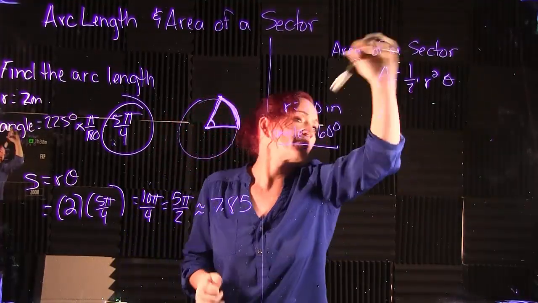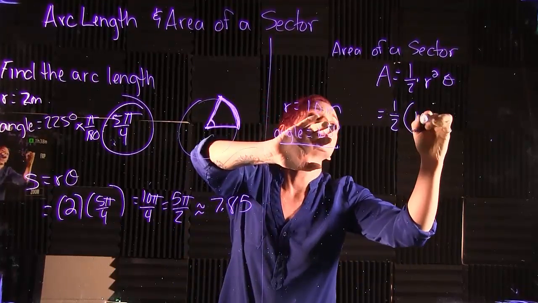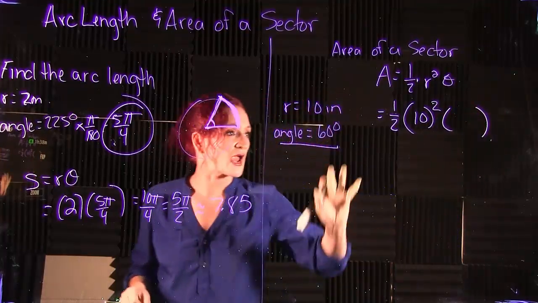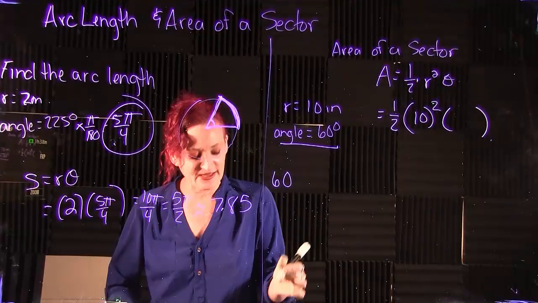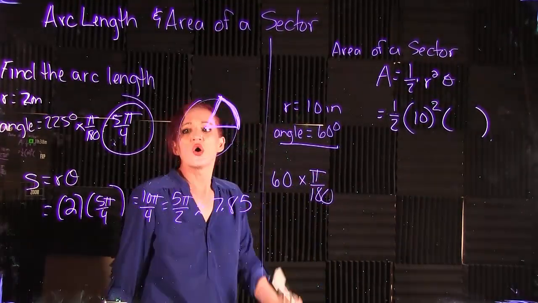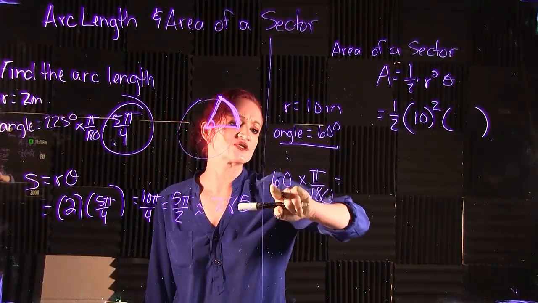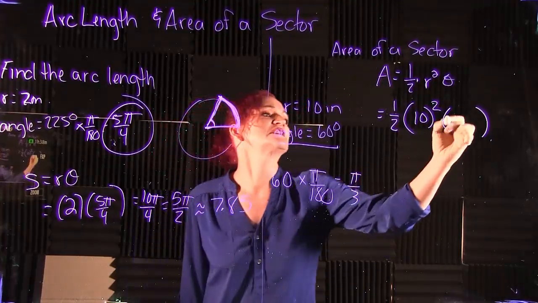So when we plug into this formula, we will do 1/2 times our radius, which is 10, and we are going to square that. We just need to throw in our angle in radian mode. So we're going to take that 60 and multiply it by pi over 180. When we multiply that by pi over 180, we are left with pi over 3 when we simplify that.